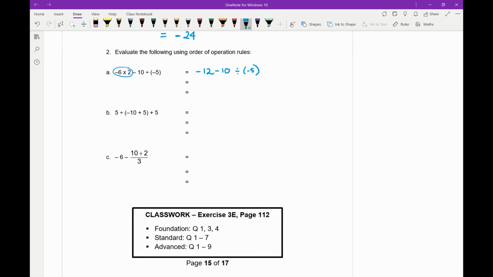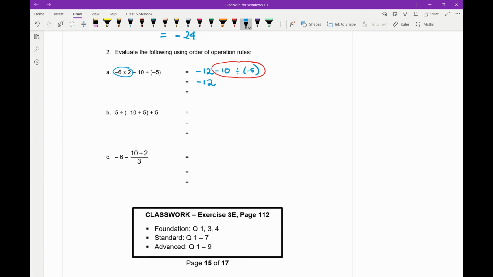Okay, so then we still have more multiplication and divisions in there. So the next one we come across is this one. We have a -10 divided by the -5. So the 12 that's out the front, the -12, it's going to stay there.